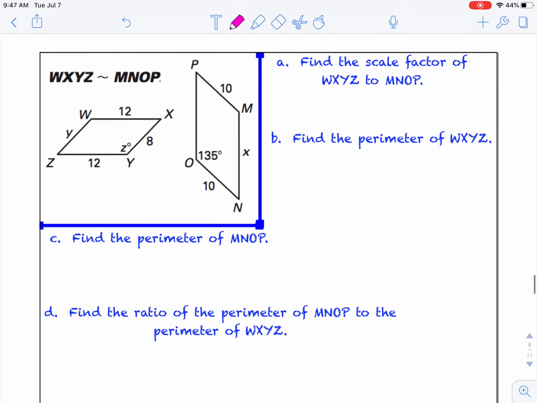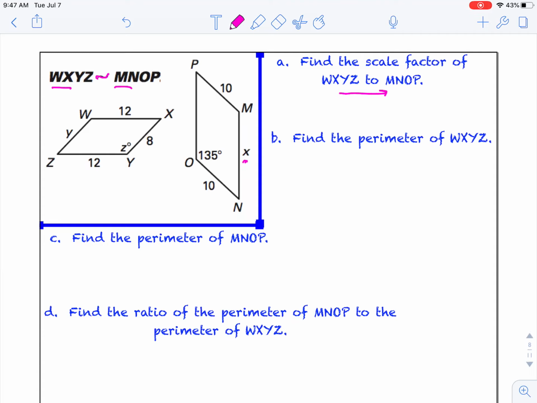Okay. So let's talk about this example here. It says find the scale factor of WXYZ to MNOP. So again, notice we're writing it in that order. It already tells us that these are similar. We can see that from that marking. So now I need to write the scale factor of the sides of one pair of similar sides. Well, if I try to go WX compared to MN, I don't know MN.